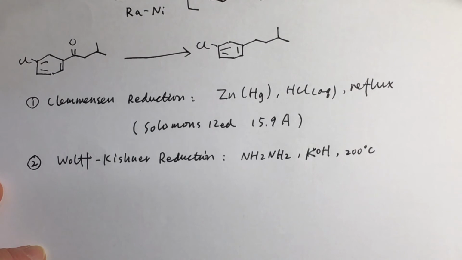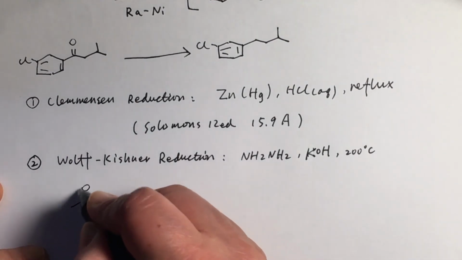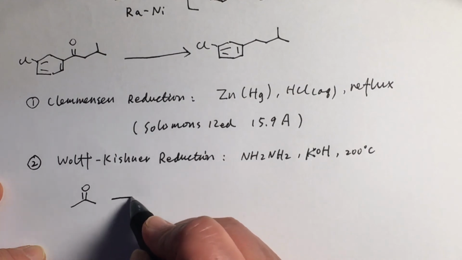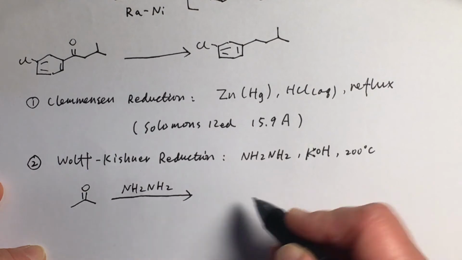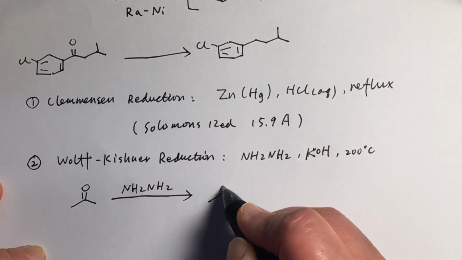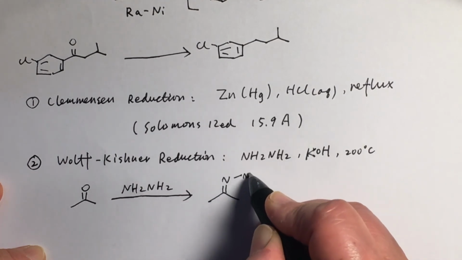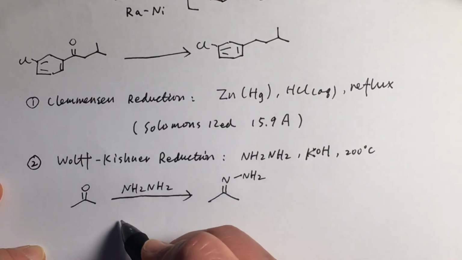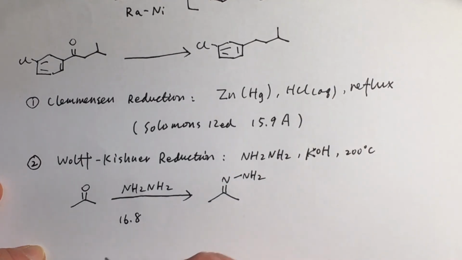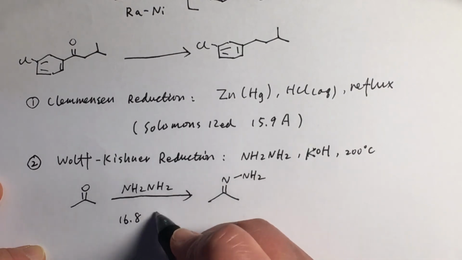The reaction involves reacting a C=O double bond with hydrazine, essentially a primary amine, generating the corresponding imine, a hydrazone. This reaction is discussed in section 16.8 in Solomons' 12th edition.